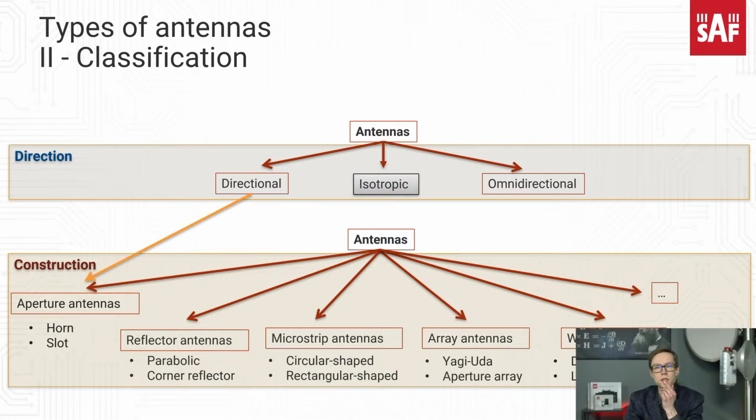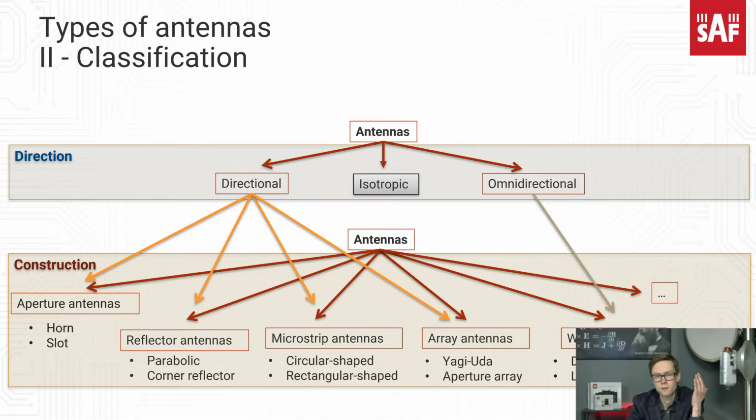Also, these two classifications don't necessarily exclude each other, right? So they can overlap between each other. For example, there are directional antennas in different categories if we classify by construction. For example, aperture, reflector, microstrip, array could be directional, while dipole, monopole, and loop antennas can be omnidirectional typically.